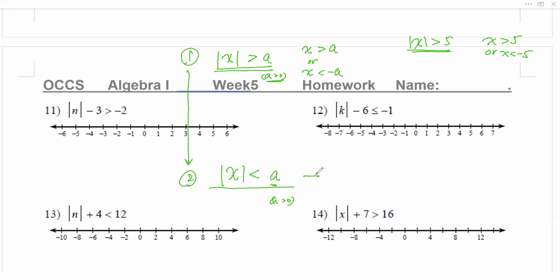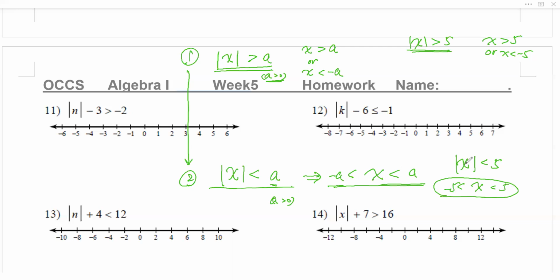And we get the solution x less than a and greater than negative a. The solution is in between these two. All right, let's do another quick example here. Absolute x less than 5. So you get x less than 5 and greater than negative 5.